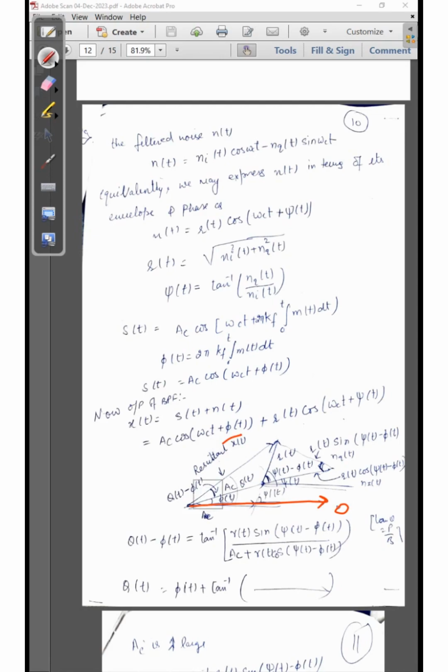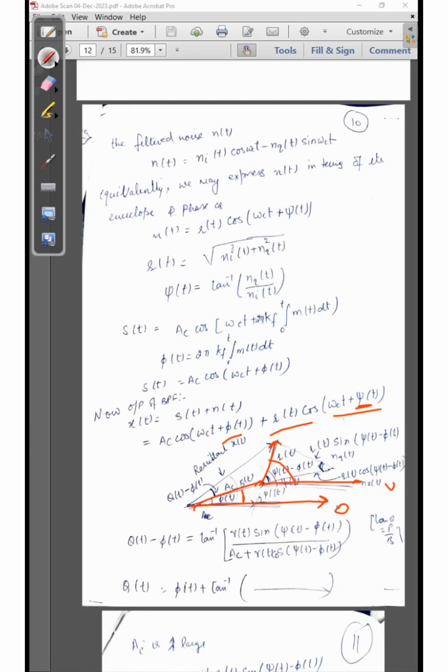The second thing is r of t cos(omega_c t plus psi of t). So if my r of t is this, its angle is psi of t with respect to the origin. If I draw a parallel line with respect to the origin, this angle is phi of t.